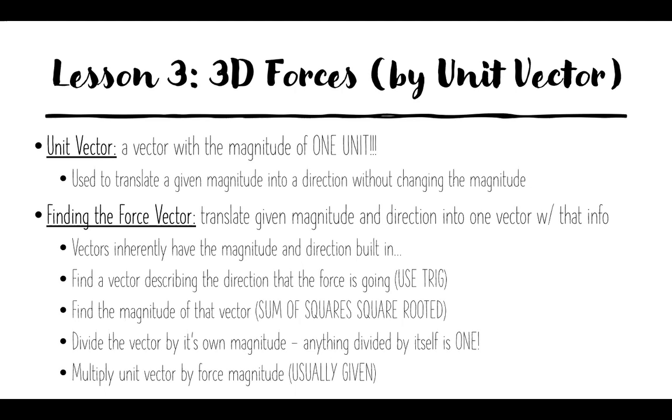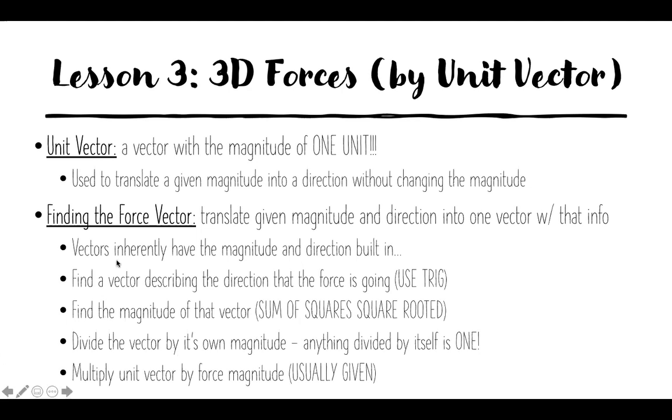So the idea is if you just use a vector to describe the direction and then find the magnitude of that direction, you can normalize the vector that you just found to 1, so that when you apply the magnitude, it doesn't change the magnitude given in the problem at all. Does that make sense?